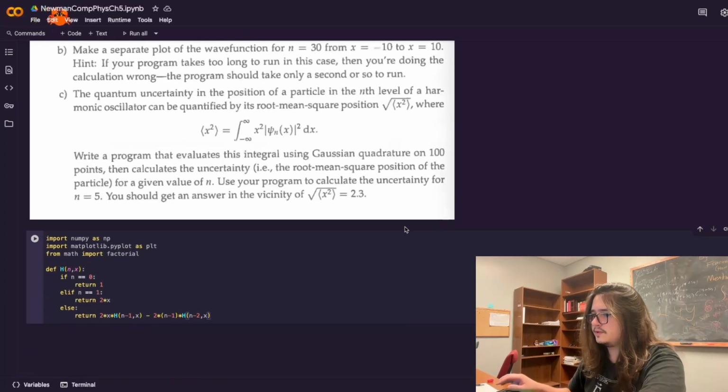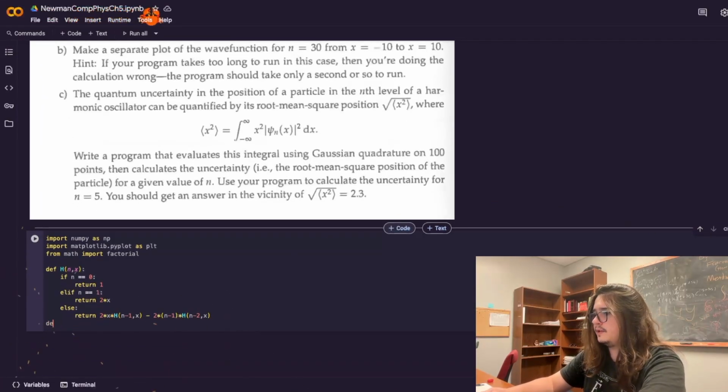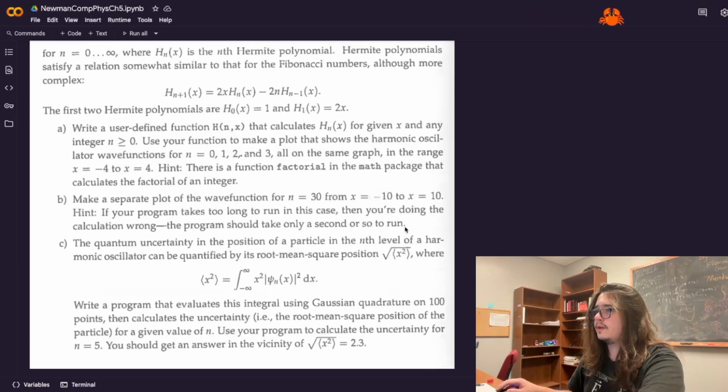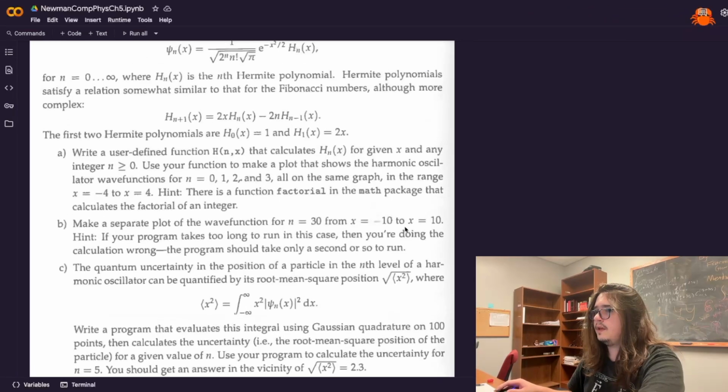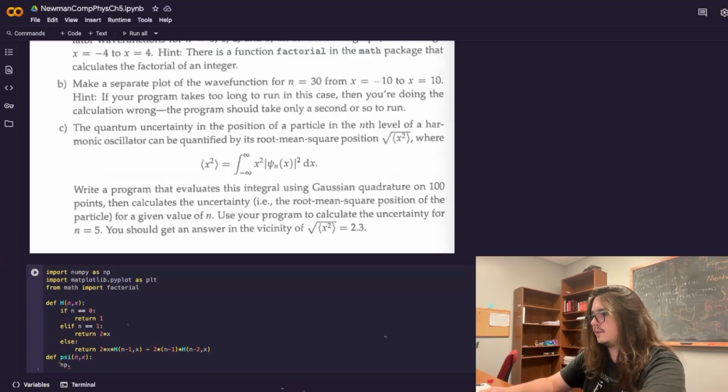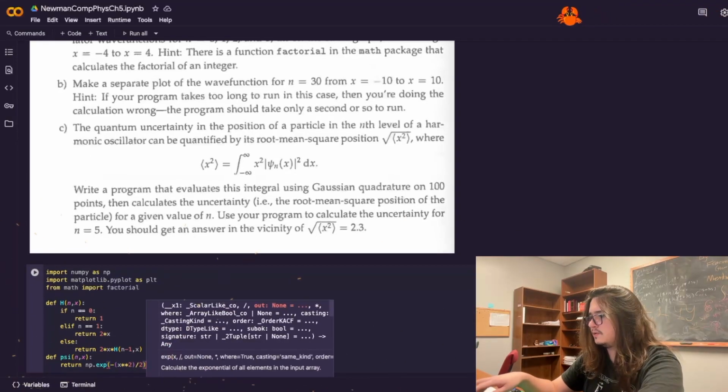Okay. So that's cool. Then we can define a function which calculates psi of n comma x, which uses the Hermite polynomial. So that's going to be e to the minus x squared over 2. So numpy in the return line, numpy exp of minus x squared divided by 2.